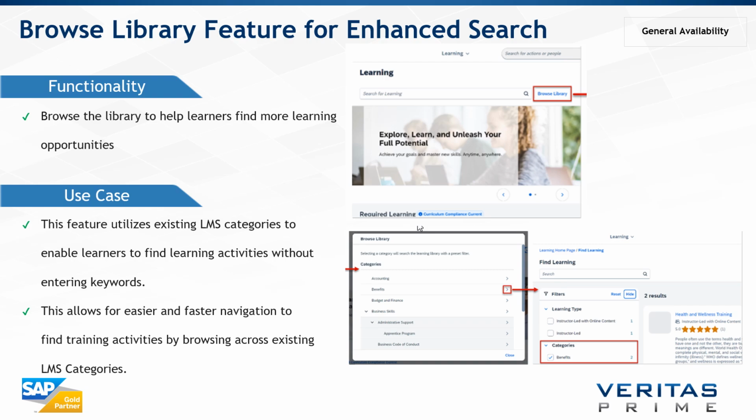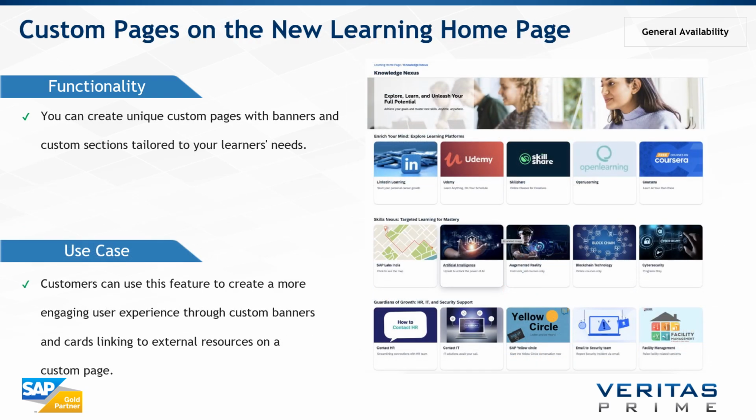When enabled, this feature utilizes your existing LMS categories to assist the users in finding learning activities without entering keywords. This allows for easier and faster navigation to find training activities by browsing across existing LMS categories.